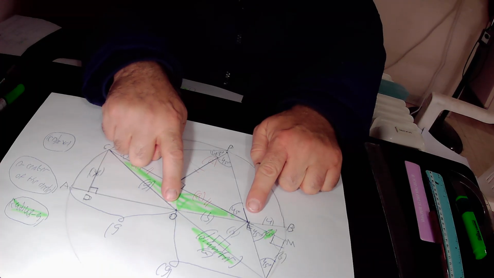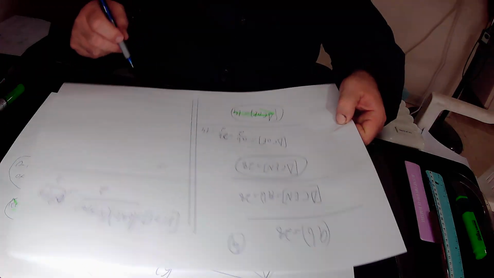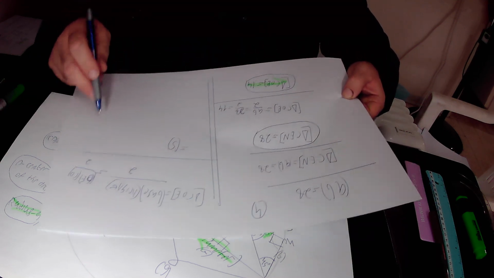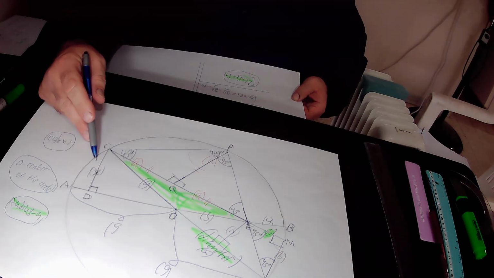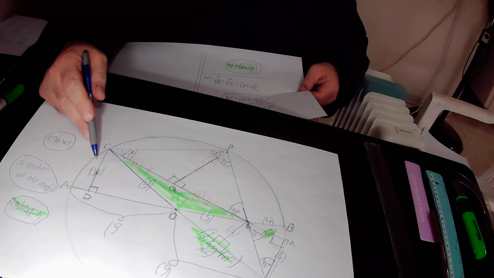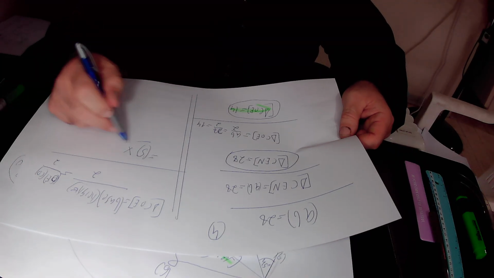OE equals 5 units according to what is given in the question, times CD. CD equals x, the line segment that we are looking for. So we substitute CD by x, divided by 2.